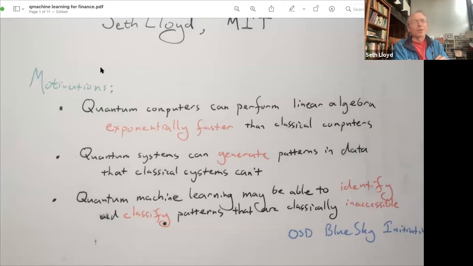I always forget what NISQ stands for because I hate acronyms so much, but it stands for noisy intermediate scale quantum devices, which have like 100 qubits, can do like 10,000 operations, aren't fully error corrected, or special purpose devices that people are making now. I think one can reasonably hope that one might be able to do this on NISQ devices. My guess is we're not going to have to wait around for full fault tolerant scalable quantum computers to do quantum machine learning, for reasons that I'll talk about below.